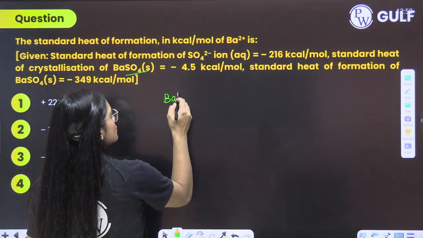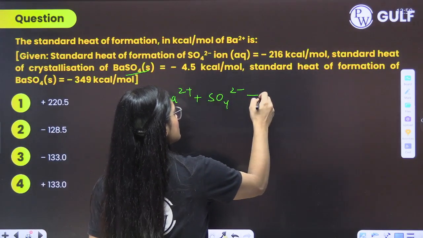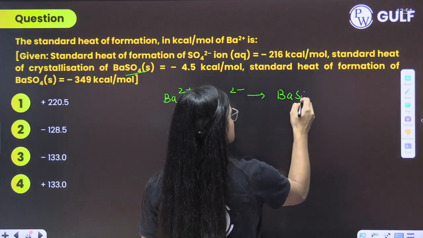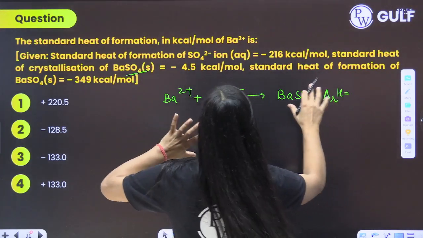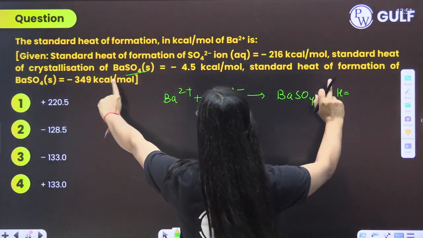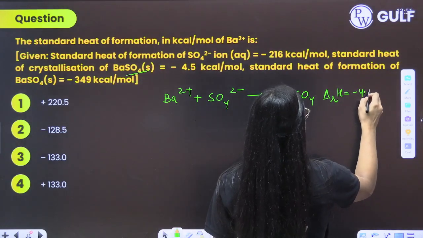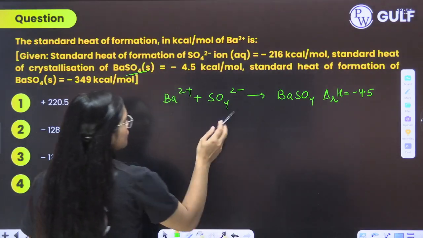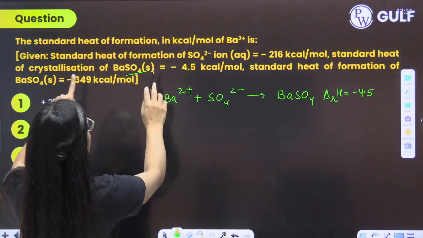Barium plus 2 and SO4 minus 2 are reacting with each other and forming barium sulfate. In this reaction, they have given standard heat of crystallization when BSO4 is crystallizing, the heat released is minus 4.5 kilocalorie per mole. So you have to find out enthalpy of formation of barium plus 2 ion.